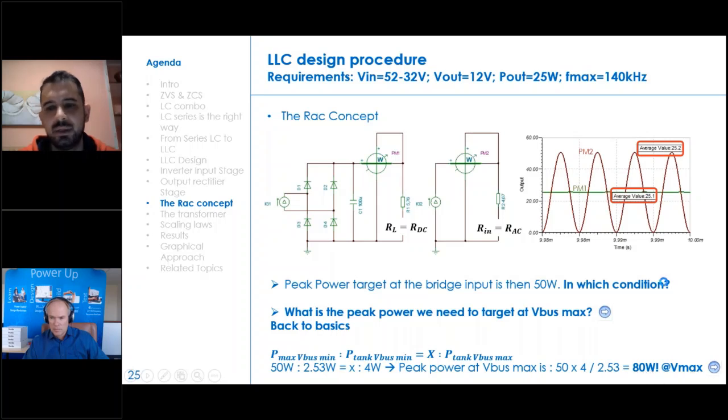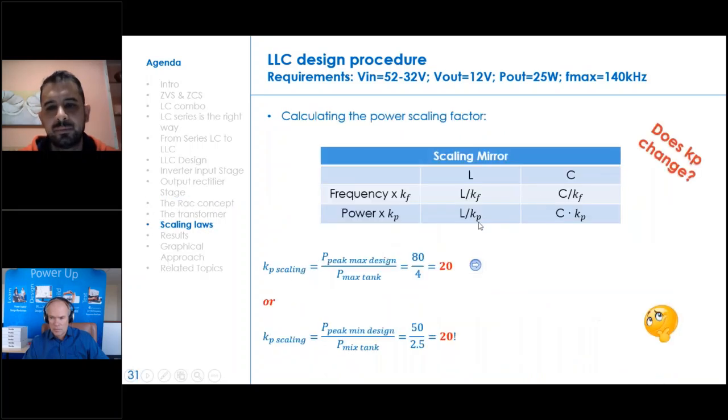We have calculated it here. Or you can get the power scaling factor by taking the ratio between the minimum peak power, that was 50 because it was 25 two times at the input bridge section, over the minimum peak power that can be released by the tank.